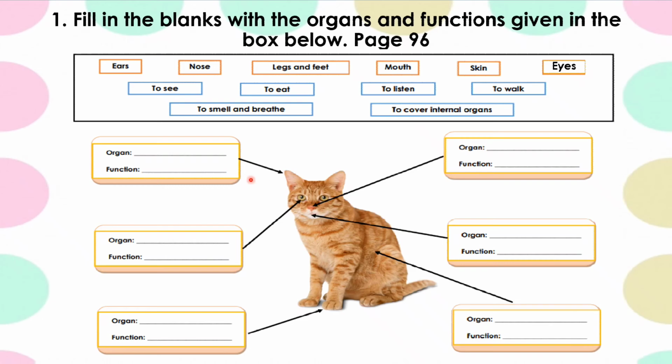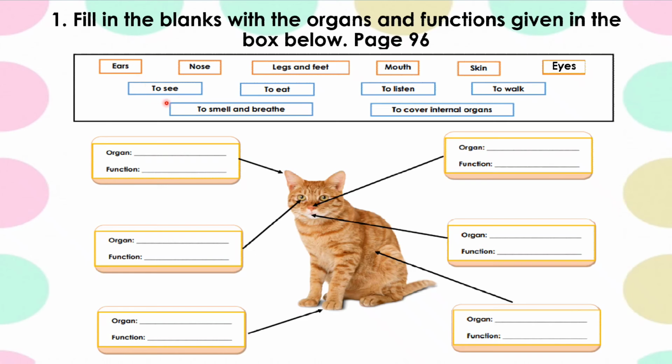So again, the first blank is where you write the organ. In the first one we have the orange one. Those are ears, nose, legs and feet, mouth, skin, and eyes. So that is the organ. For the next blank, you put the function of that specific body organ of an animal.